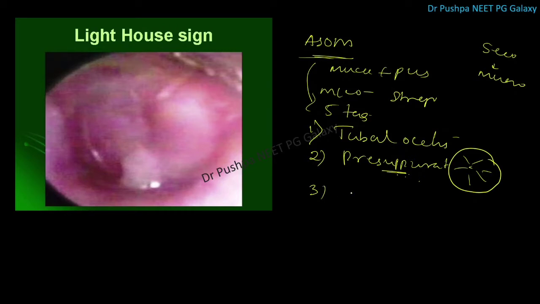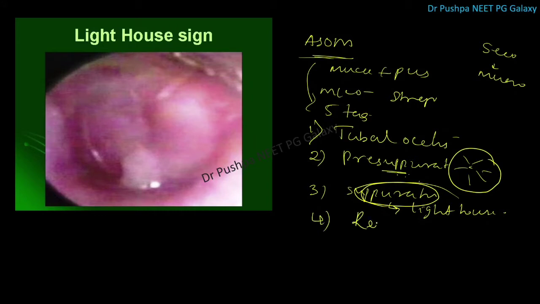The third stage is the stage of suppuration. Suppuration means pus formation. In this stage we will find the lighthouse sign. The fourth stage is the stage of resolution, and the fifth stage is the stage of complication. If there is persistence of infection, it will convert into chronic suppurative otitis media.